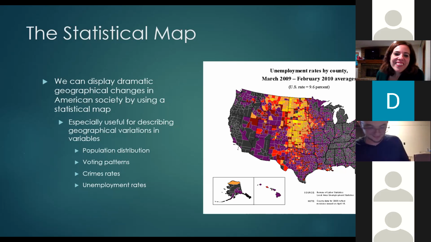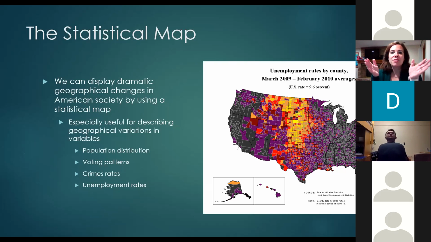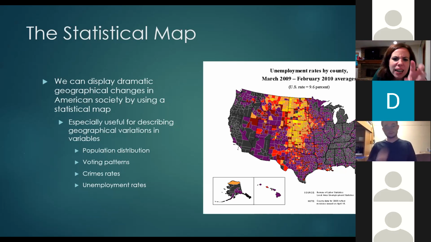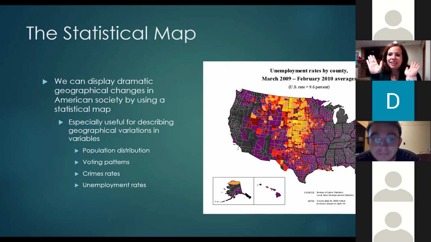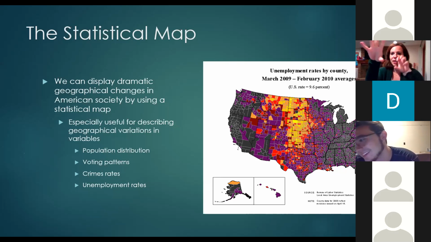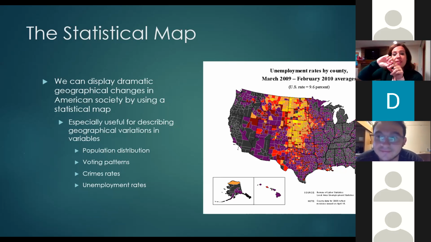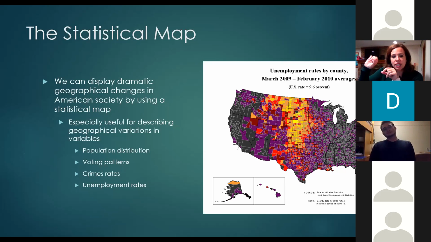Okay, all right. So this is an example, again, of how using a statistical map gives us instant information. We have to do some deciphering with the different colors, but it can be really dramatic to just look at it. What's another thing that we always see with the statistical map? It's already written as an example, but voting patterns, right? Election night, those will be clustered in different colors, and then each county will be shaded.